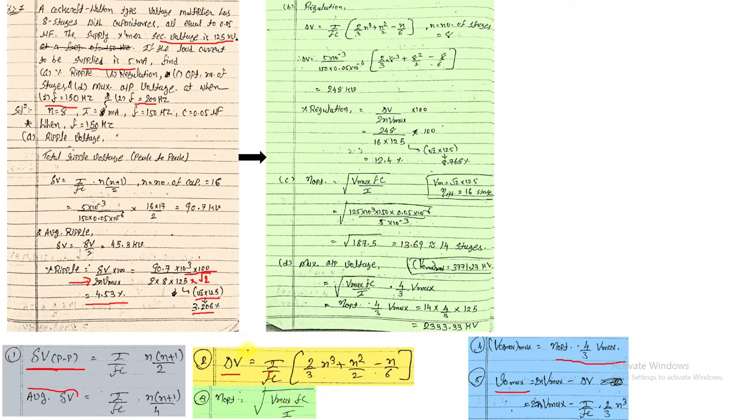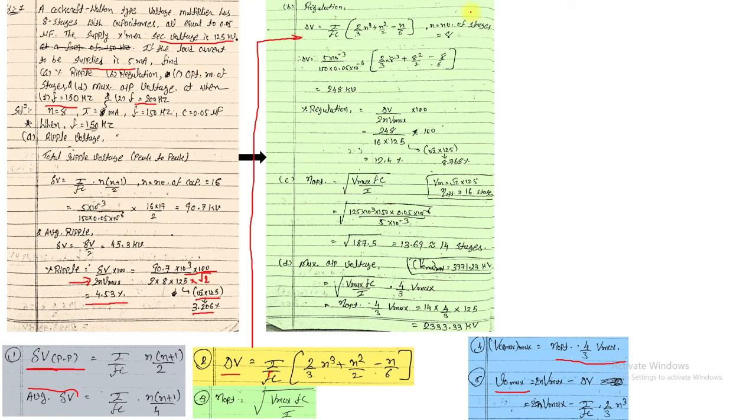Regulation. From this equation, delta V is equal to I upon f C into (2 by 3 n cube plus n square by 2 minus n by 6). From this formula you can calculate delta V, that is the regulation or the voltage drop. To calculate this voltage regulation, you have to consider the per stage voltage drop.